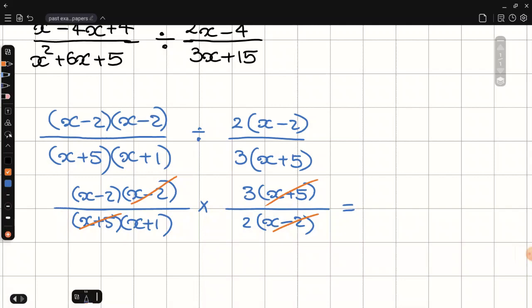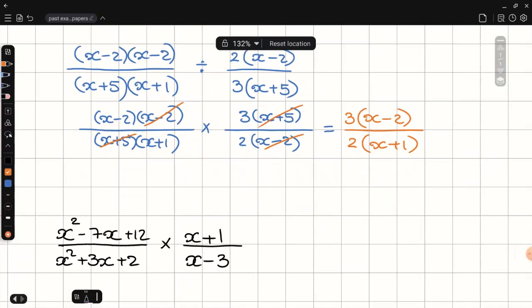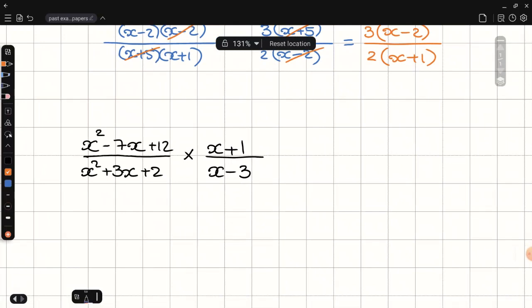Now what we are left with is 3 times x minus 2, over 2 and x plus 1. So we know that if we multiply x plus 1 by 2, we normally place the number in front of the bracket.